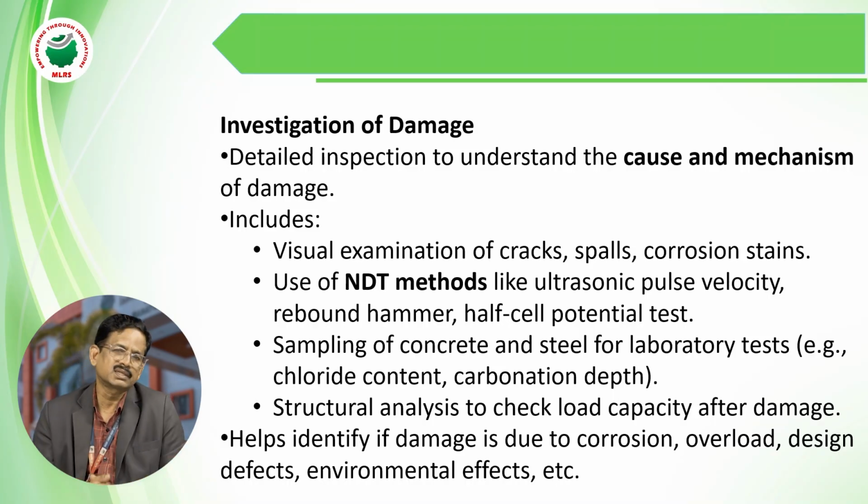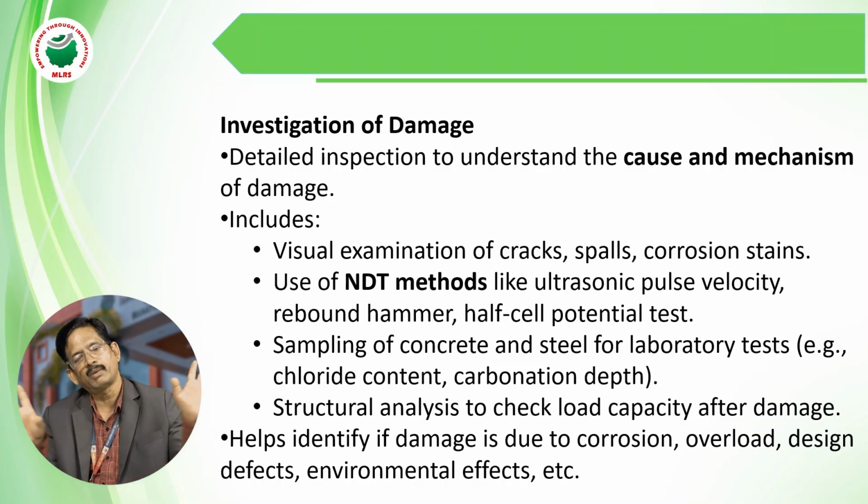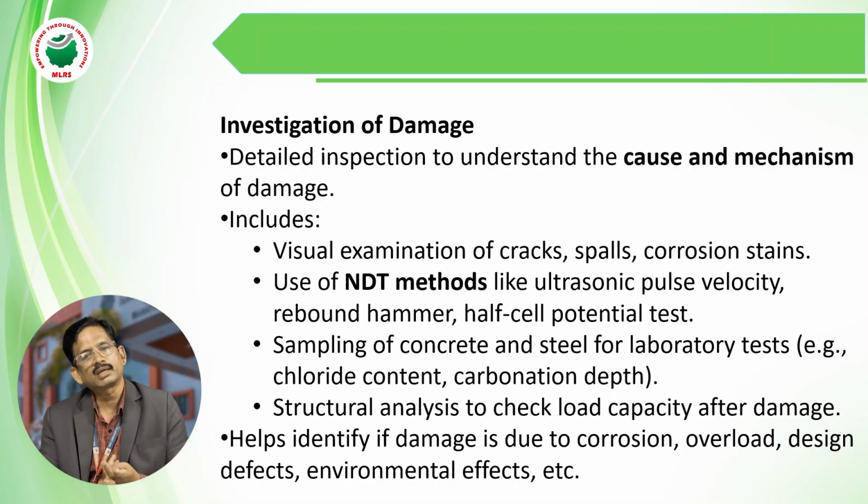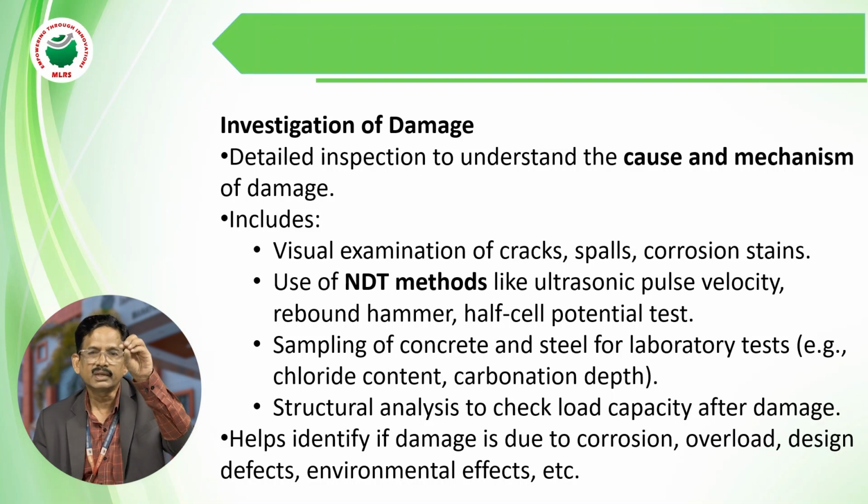All the structural elements have to be tested without any damage to the member, whether the column, beam, slab, staircase, shear wall, footing or water tank, whatever it may be. Then you can know whether the grade of the concrete is correct or not.